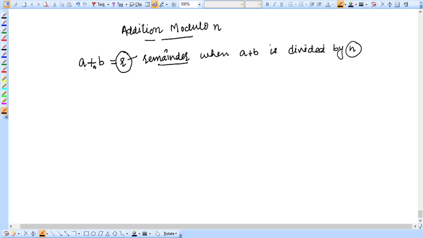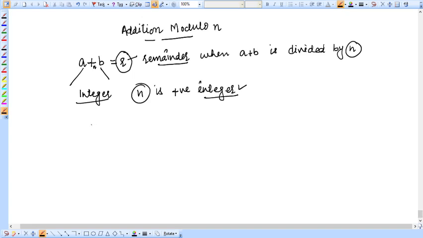So you see here a and b are two integers and n is a positive integer, that is greater than 0, right?